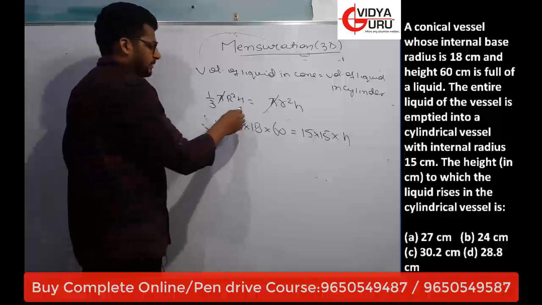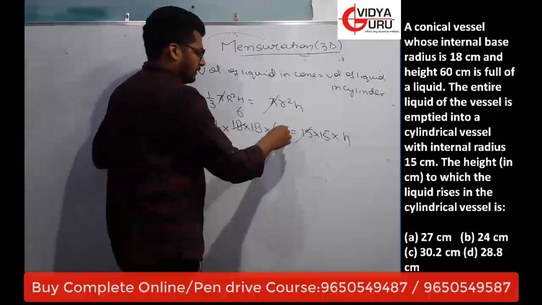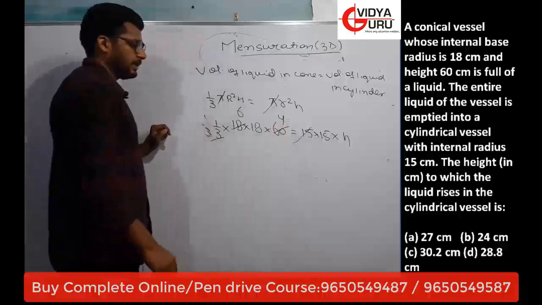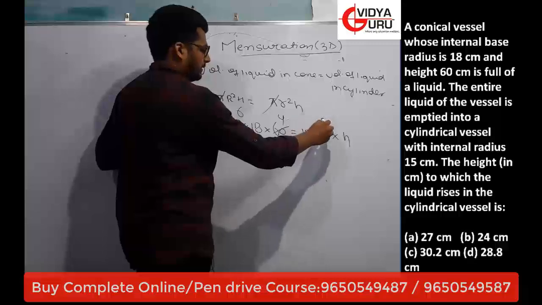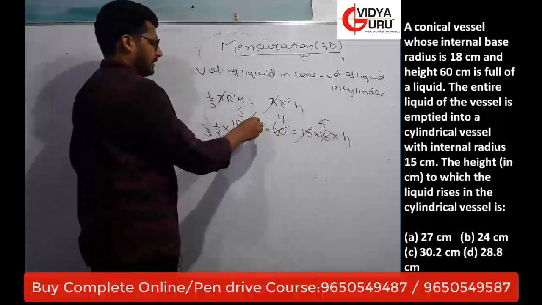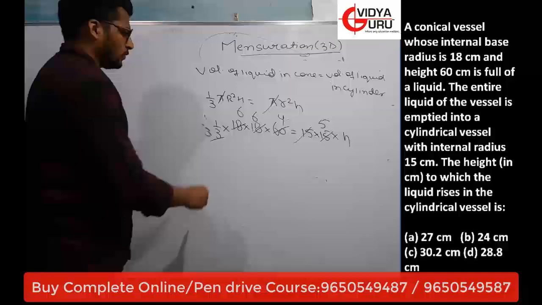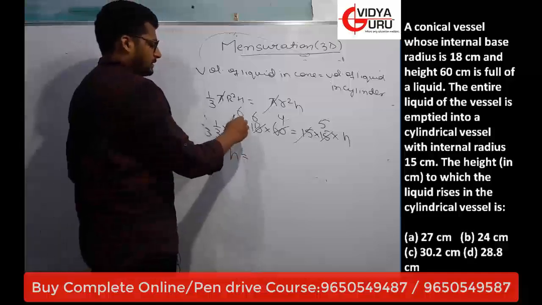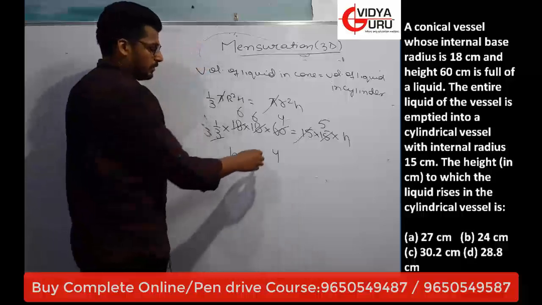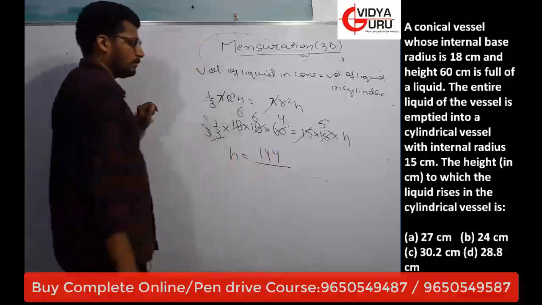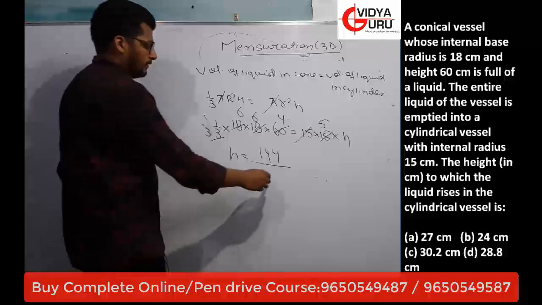3 6 times will be 18, 15 4 times is 18, 5 3 times, sorry, it will not be divisible by 5, 3 5 times, 3 6 times. So height will be equal to 6 6 are 36, 4 6 are 24, 144 by 5.